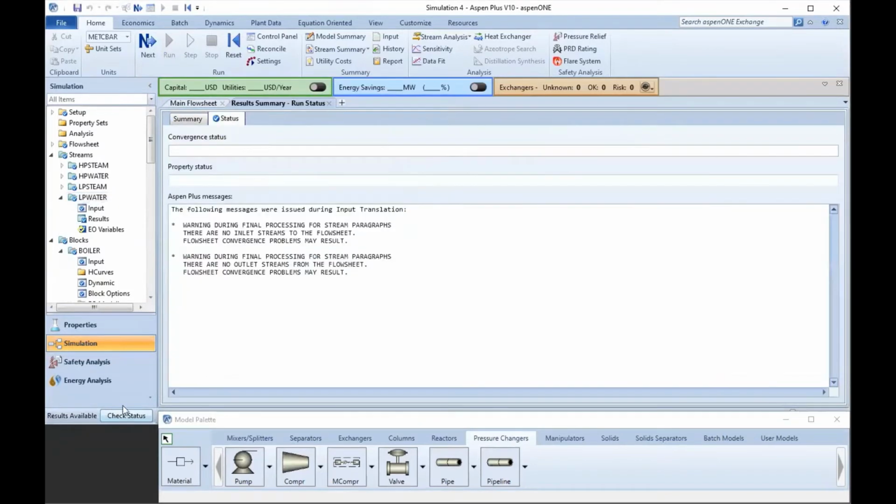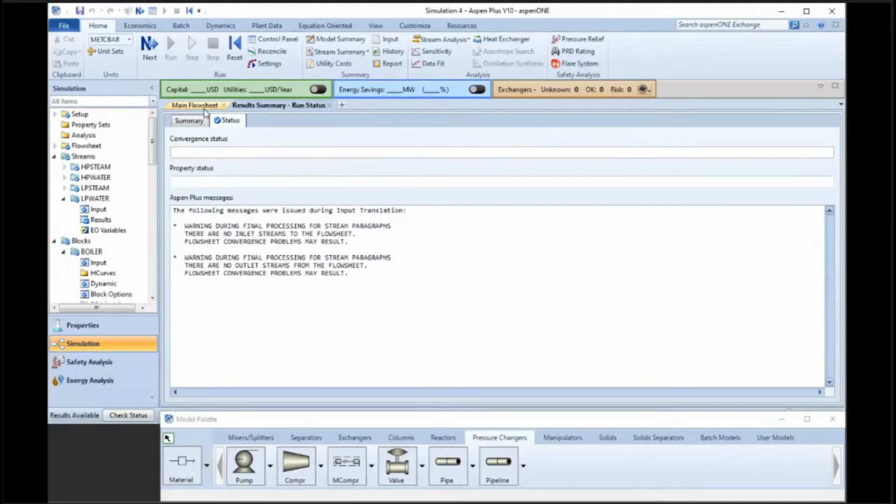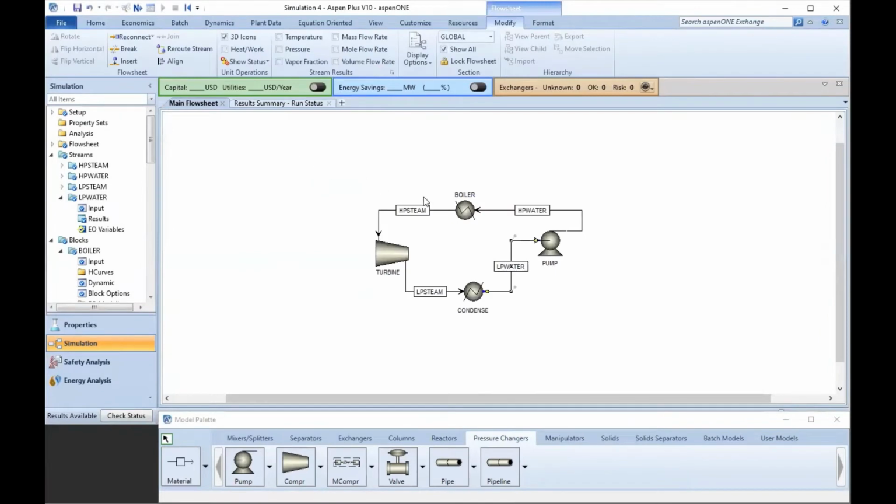So this came up with a warning message that basically says that there are no inlet or outlet streams, but because it is a cycle, this shouldn't affect the results. So lastly, we can go back to the main flowchart and click on the boiler to see the results of this unit.